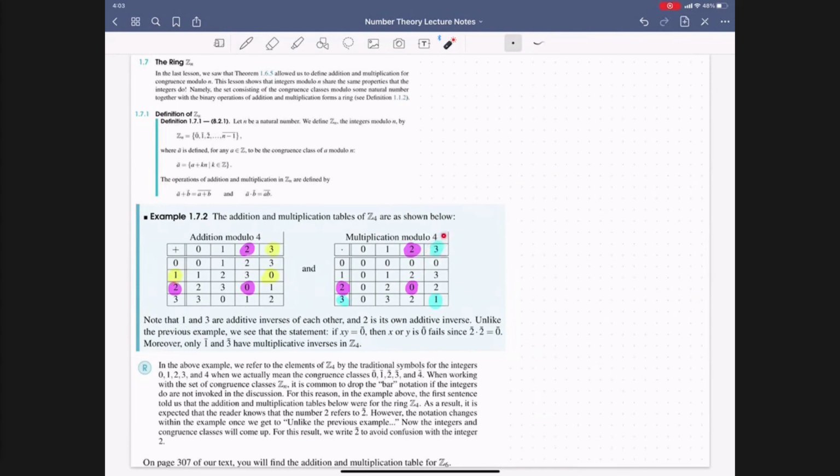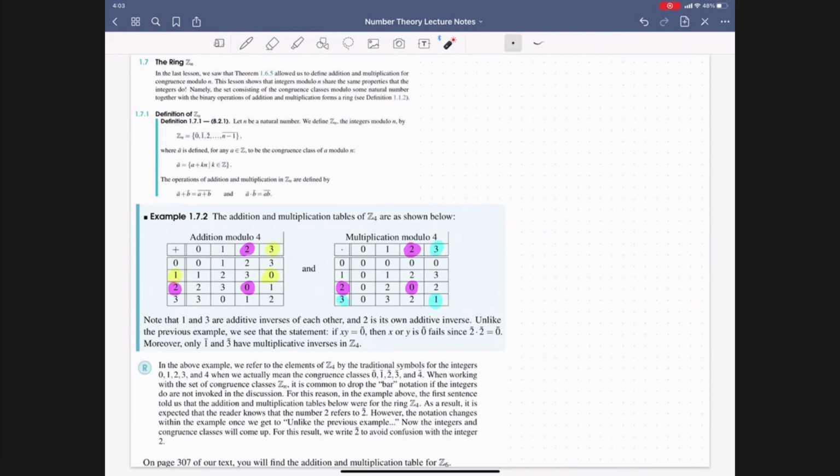So in this case, we're reducing modulo 4. 4 is our modulus. And 3 is relatively prime to 4. And so we should expect that it has a multiplicative inverse, and we will be proving that statement later in the course.